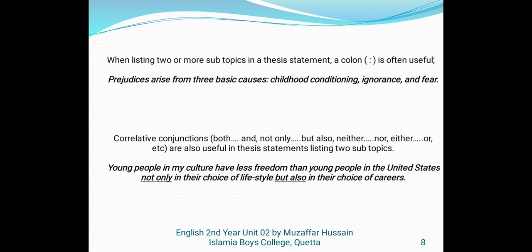Like, young people in my culture have less freedom than young people in the United States, not only in their choice of lifestyle but also in their choice of careers. So these correlative conjunctions, joining pair conjunctions, help us to write a good sentence.